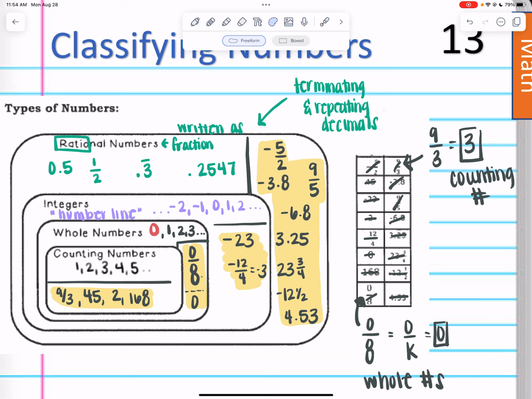So these are going to be our positives and negatives on a number line. So no fractions, no decimals. That's up above in rationals. Whole numbers: really, the only number that's most specifically a whole number is 0. Past that, 1, 2, 3, 4, 5, those all count below as our counting numbers or natural numbers.